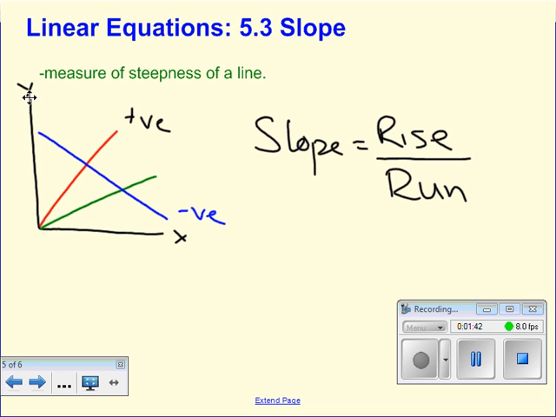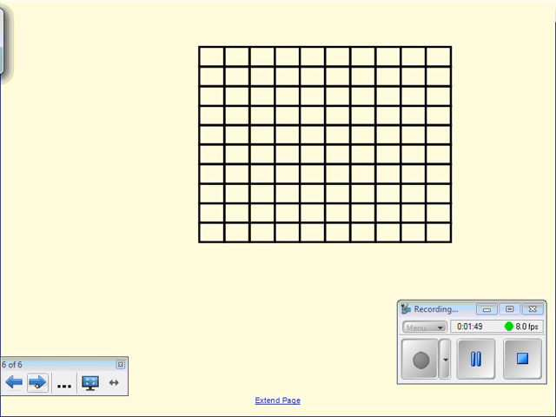So let's look at an example of what we can do to calculate a slope. So here I have a grid, and I have a line. And this line, let's say, starts here at 1 and 2. So I can put in all my grids. 1, 2, 3, 4, 5, 6, and this is 0.